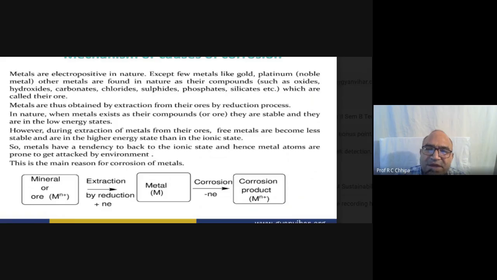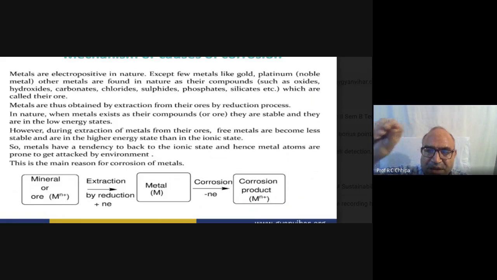Then there are sulphides like iron sulphide, then phosphates, silicates, etc., which are called ores. So ores and minerals are on the earth; the different metals are not present in native form. They are present in the combined form.